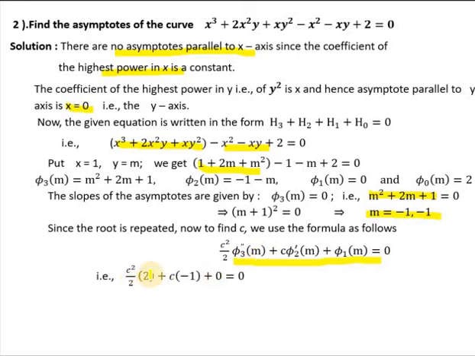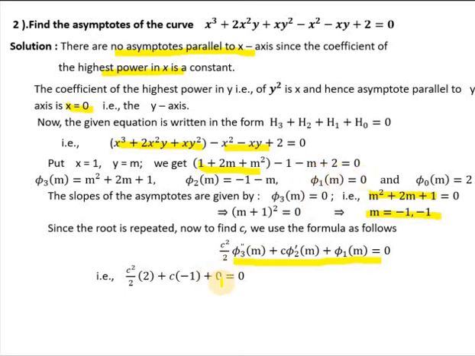By substituting that, we get c square by 2 into 2 plus c of phi 2 derivative of m. So phi 2 of m is minus 1 minus m, so phi 2 dash of m will be minus 1. Substitute that here, plus phi 1 of m. Phi 1 of m means the first degree terms, which is 0.